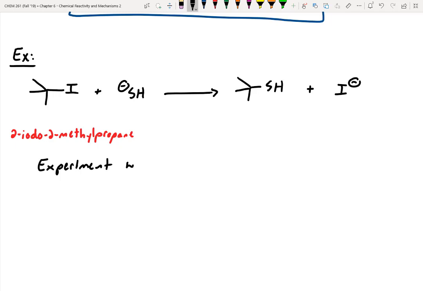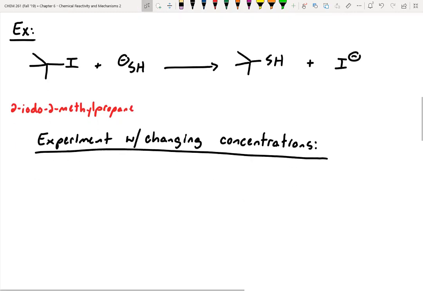So the experiment with changing concentrations. All right, so let's take an example. The first one, I'm going to double the concentration of SH- in solution.